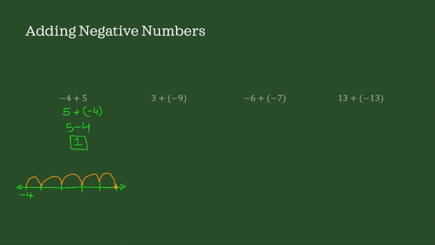And what is 5 to the right? Well, let's go to the right and label the number line. This was negative 3, negative 2, negative 1, 0, 1. So negative 4 plus 5 is equal to 1.